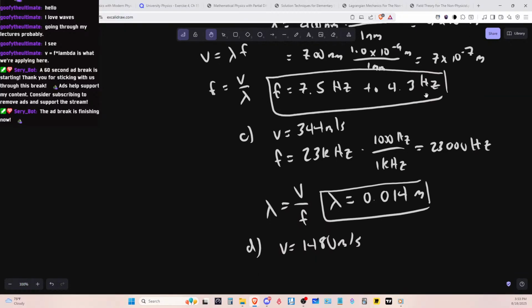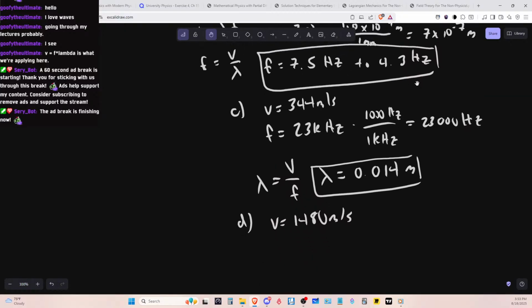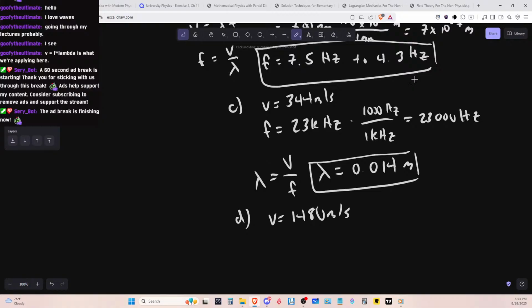Okay, so the numbers to keep in mind when it comes to this type of stuff, I think it's really cool, is that we have to remember that 3.344 meters per second is the speed of sound in air, whilst 1,480 meters per second is the speed of sound within a fluid. So that is really awesome knowledge to know. So the frequency is still the same, so hertz.